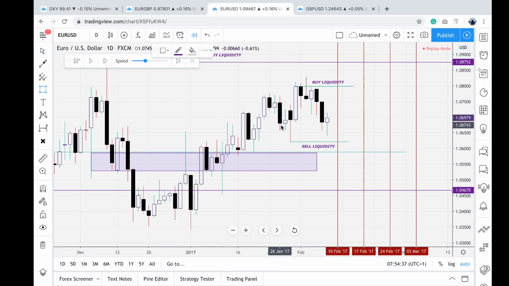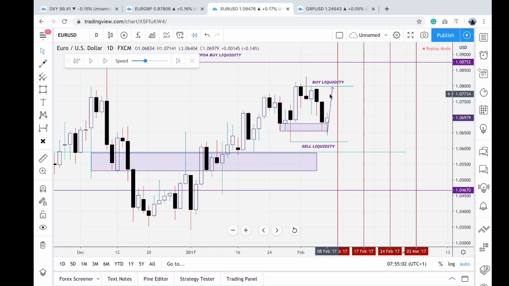Let's take the body of this candle to the wick of this candle. Retail would not actually want to trade through stop losses with the wick; that usually is the hedge funds. So I think we've got retail stops at this level, and we'll see potential higher prices into this level.